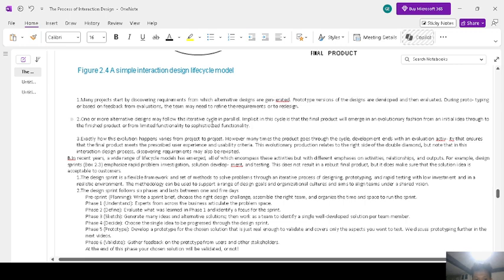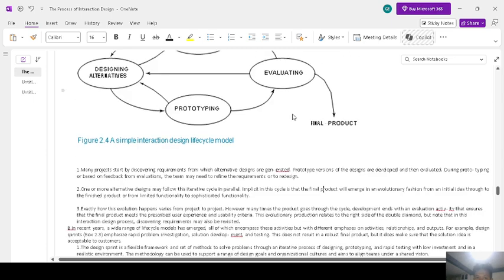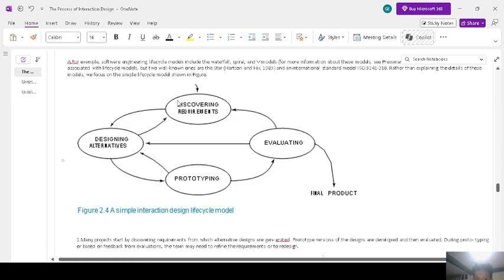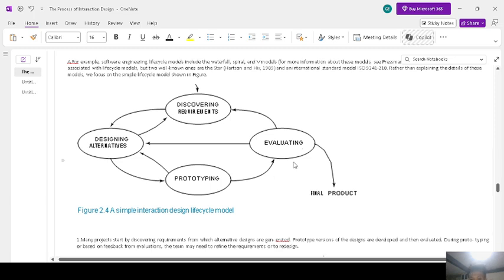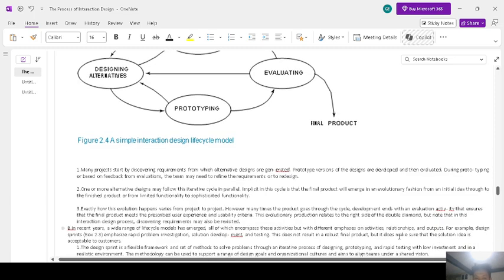So most projects start by discovering the requirements, from which designs are generated. Based on these requirements of the user, we check the market and the available solutions, and then from there we generate additional features based on the specific framework applicable to our process.